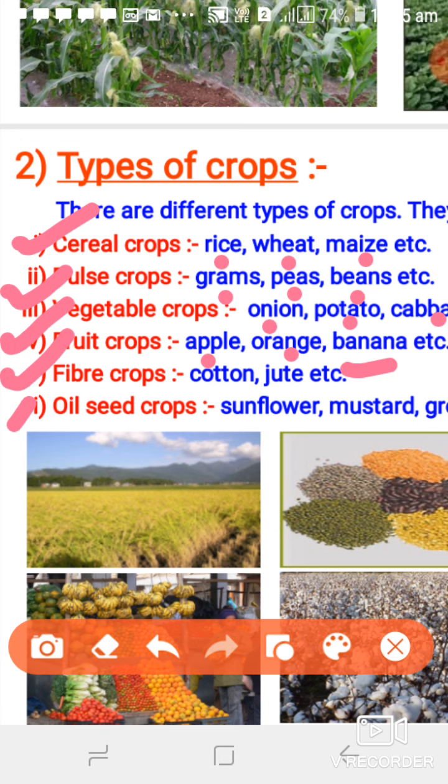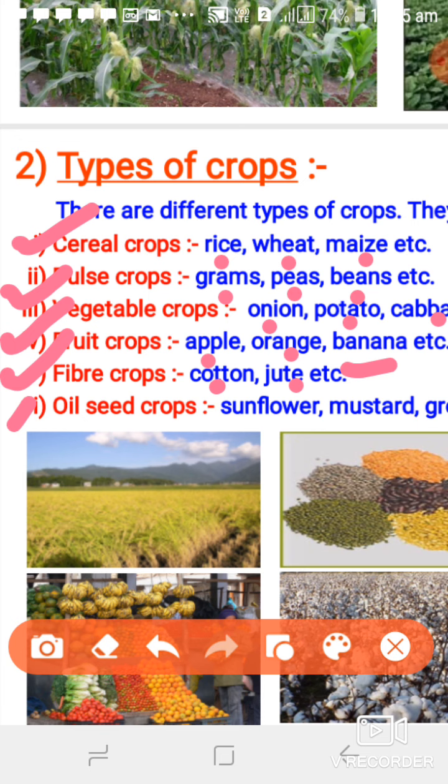The next one is fiber crops, in which we discussed cotton and jute. These are the nearest examples of fibrous crops because we obtain different types of fibers, and a large number of materials, including ropes, are prepared from these fibers.